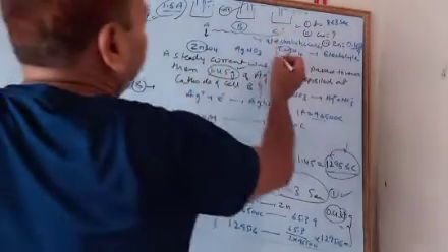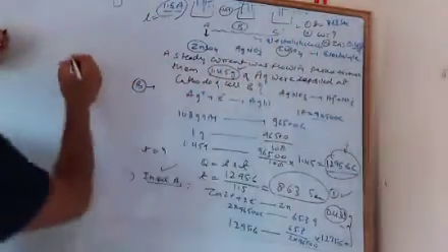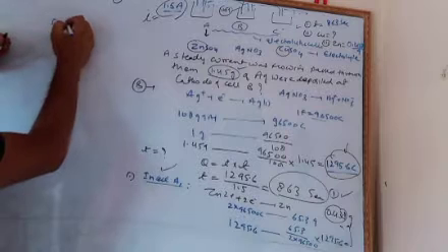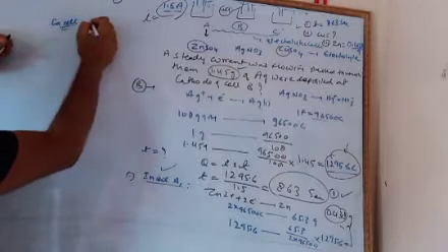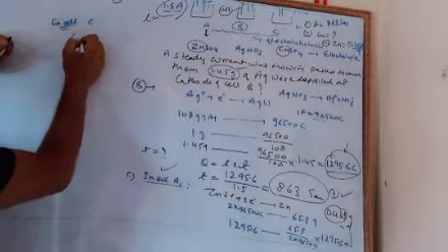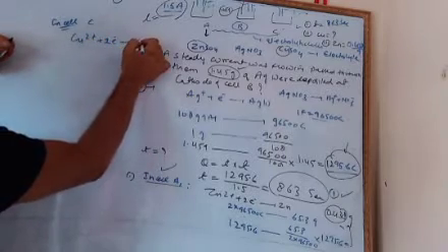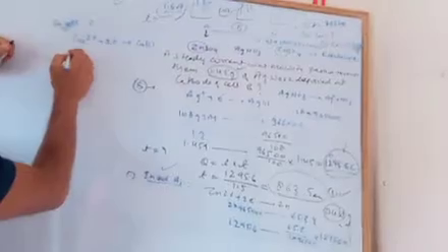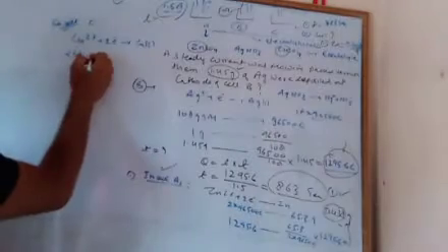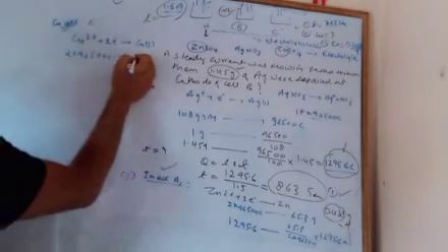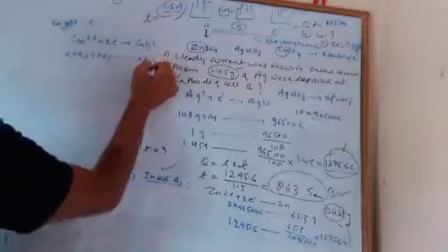Now the mass of copper, by the same method in cell C. Copper sulfate, same method. This is the electrode reaction, copper solid. So we know 2 into 96500 Coulomb requires 63.5 gram.